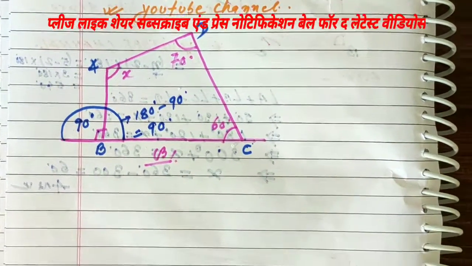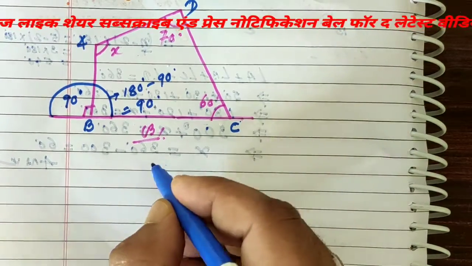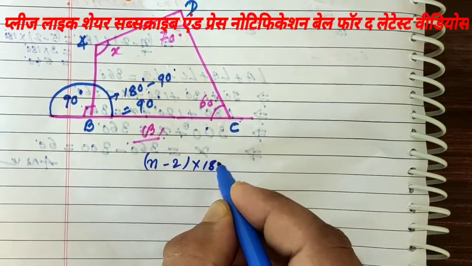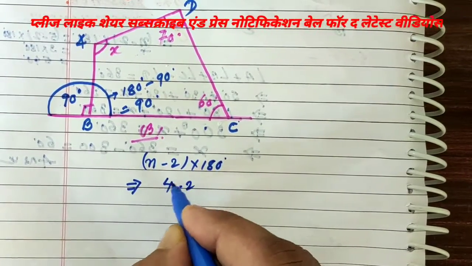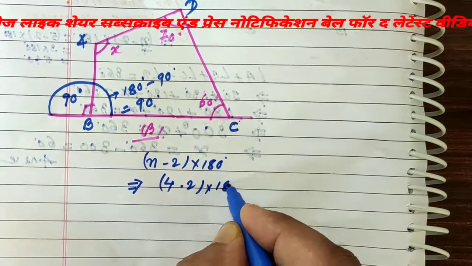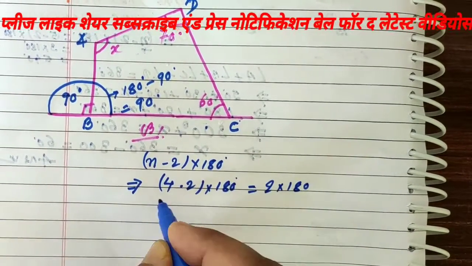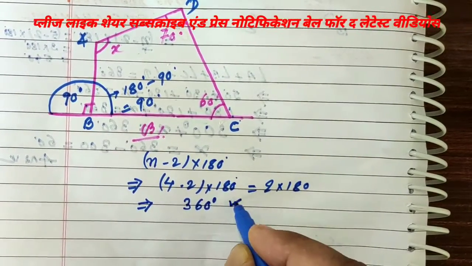Clear? Now applying the same formula, the sum of the angles in a quadrilateral is given by the simple formula (n minus 2) multiplied by 180 degrees. It is very important, you must remember n is equal to 4. 4 minus 2 multiplied by 180, so it's 2 multiplied by 180 degrees and the answer is 360 degrees, that I have told in the previous question.